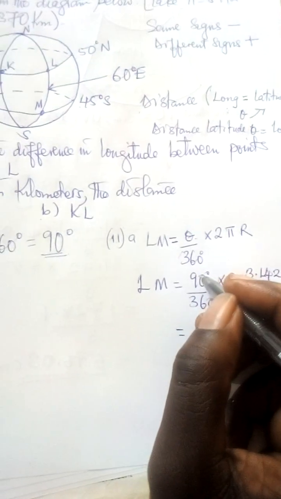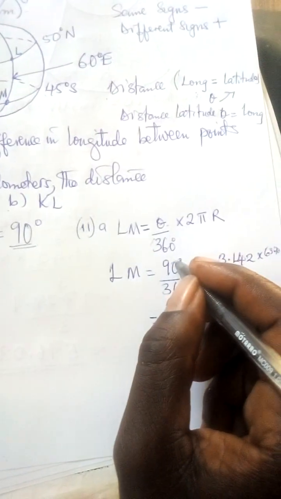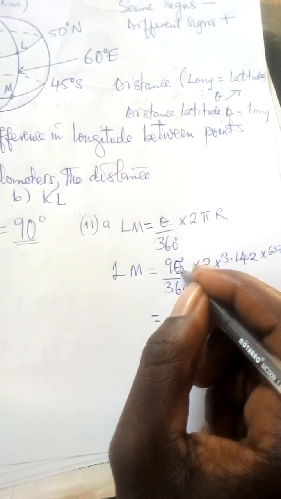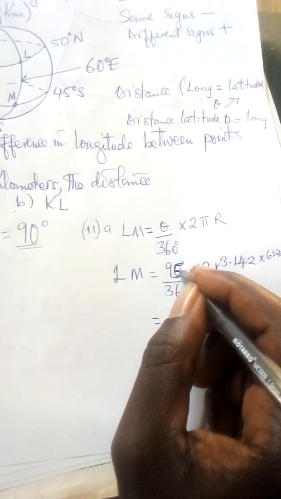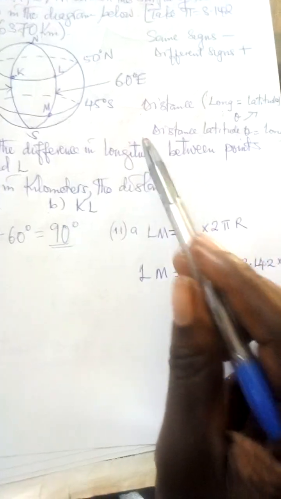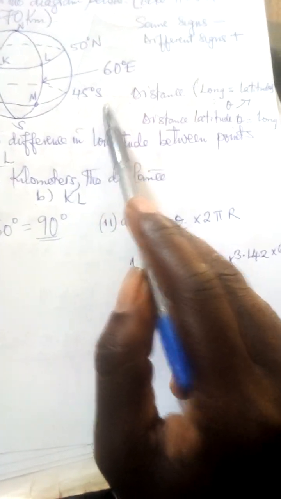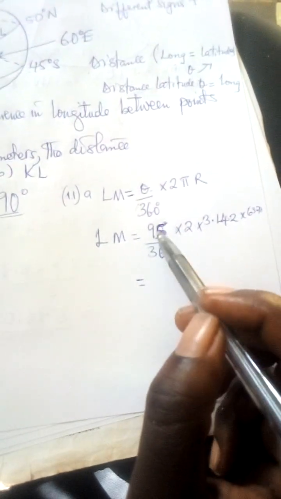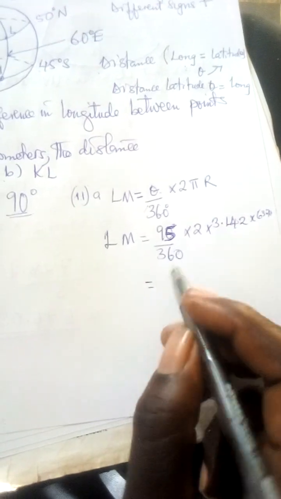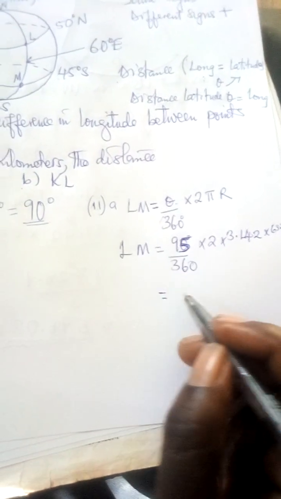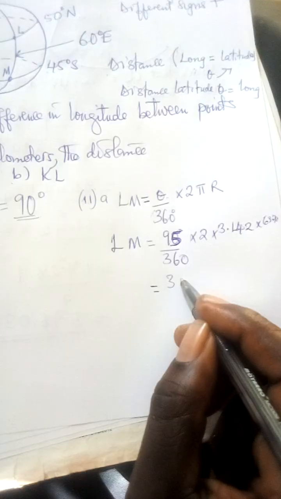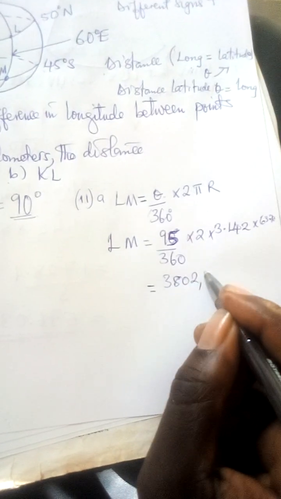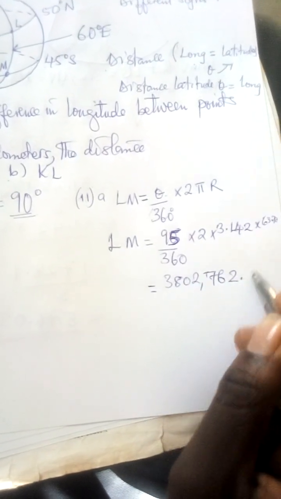Oh wait, here there's a problem. Here is supposed to be 95. When you add 50 plus 45, you get 95. So when you multiply all these, you get a value that looks like 3876.2.6.